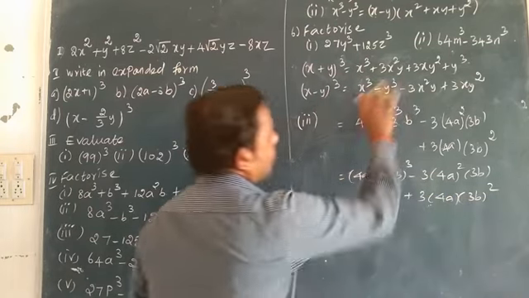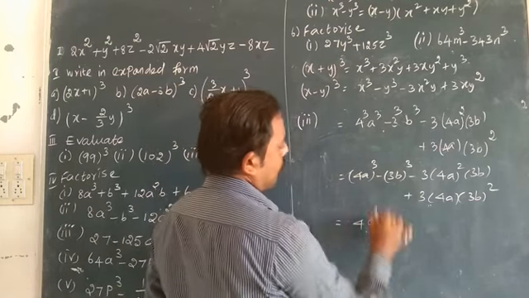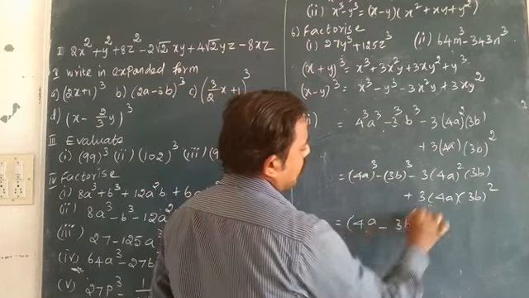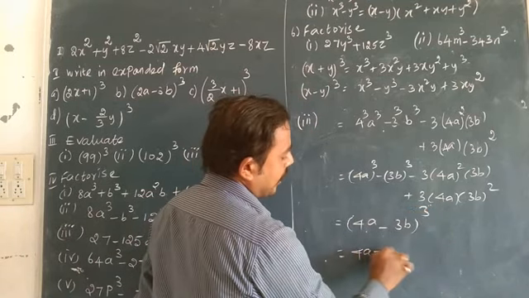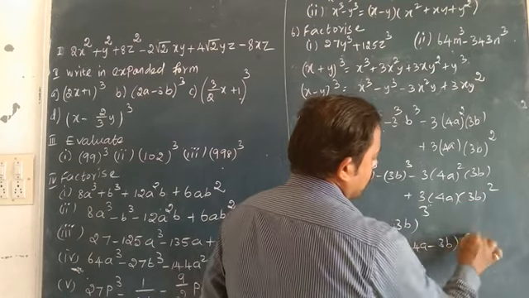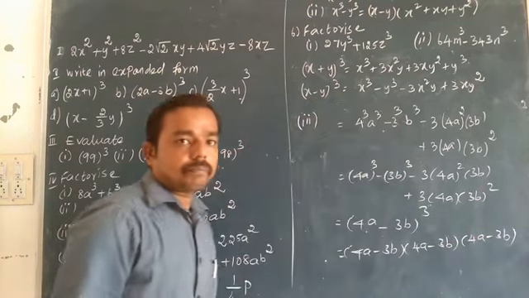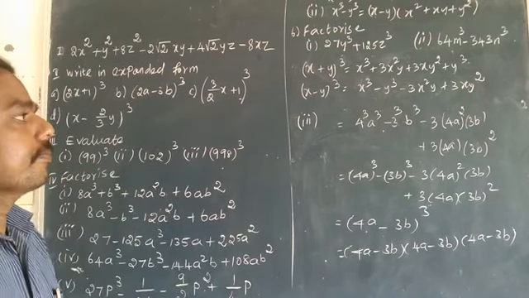Compare with your identity. So you can write 4a as x, minus y, (4a minus 3b) whole power 3. Factor: (4a minus 3b) into (4a minus 3b) into (4a minus 3b) is your answer. That is the factor. Okay.